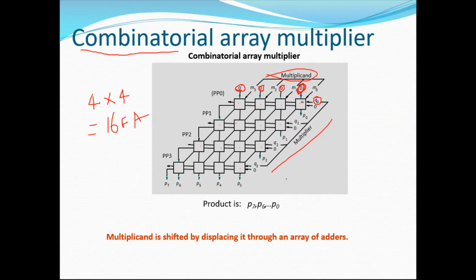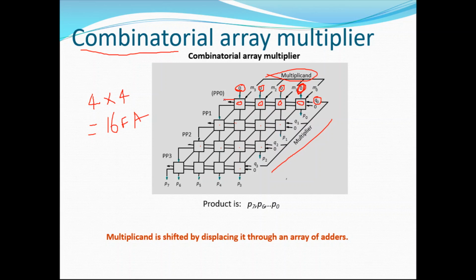Now you got one value. Similarly, Q0 will be multiplied with M1, and that result will be added with the next bit of the partial product. Then Q0 with M2 is added with the next bit of the partial product, and then Q0 with M3 is added with the next bit of the partial product. Once this is done, you get one set of partial products.